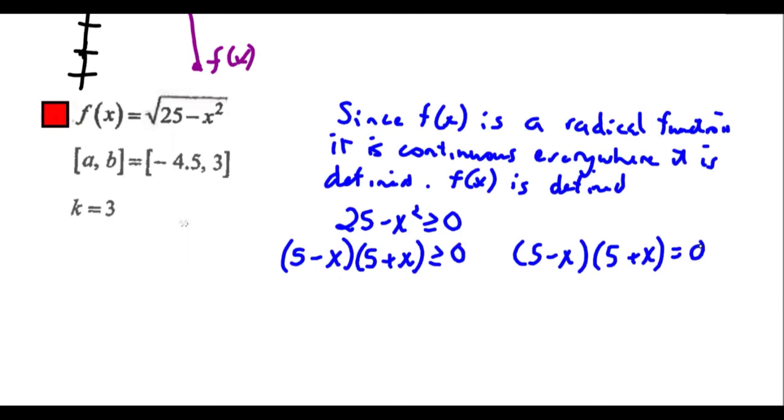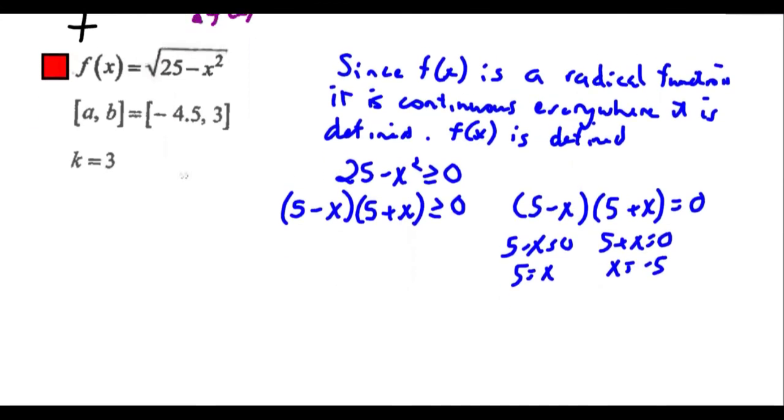So I set 5 minus x equals 0 and 5 plus x equals 0. I get 5 equals x, and I get x equals negative 5. But I have to figure out that's where it breaks up. That's where it's equal to 0. So now my function value is 0 at negative 5 and 5. So now I have to figure out when it's positive and when it's negative.